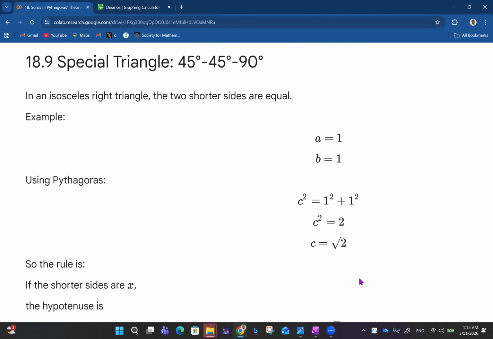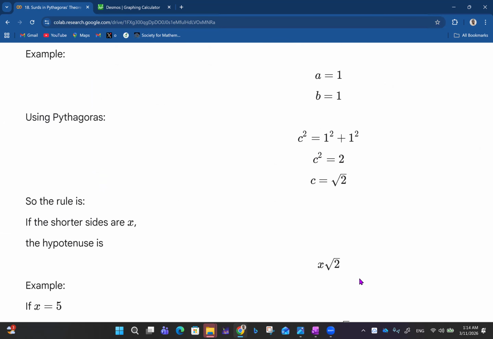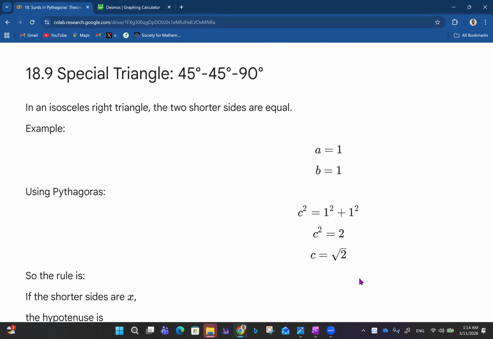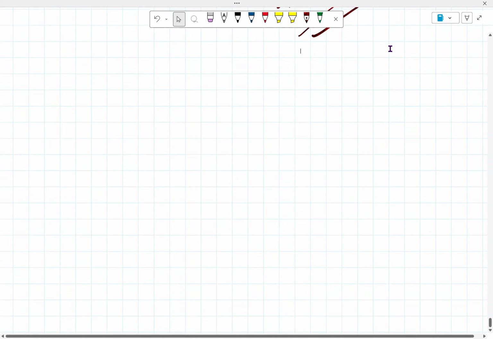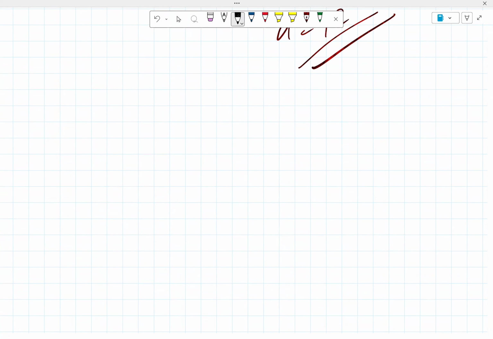Then sometimes you have special triangles. So imagine you have a special triangle. In an isosceles triangle, the two shorter sides are equal, right? So we're talking about an isosceles right triangle. You have this triangle, this is the right angle, but this side is equal to this side.